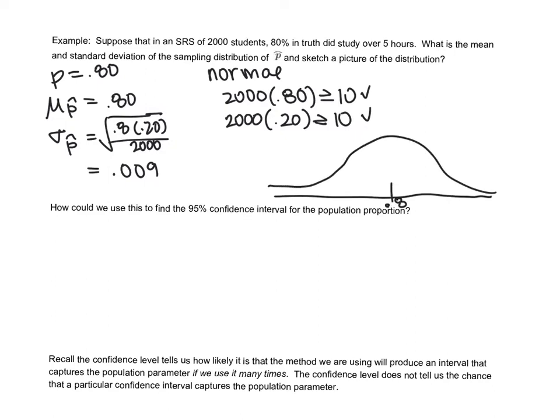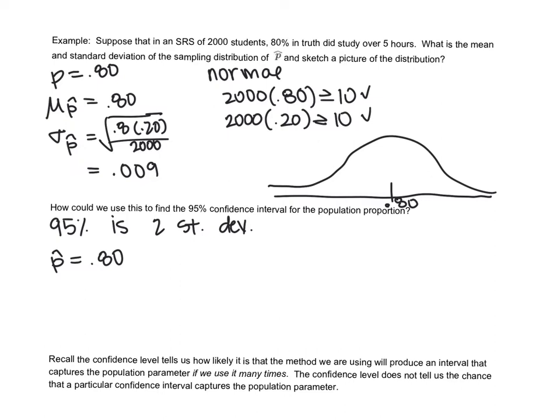And 0.80 would be in the middle. So now we want to use this to find the 95% confidence interval for the population proportion. If we remember back to before, 95% is 2 standard deviations away from the mean. So our p hat is 0.80.